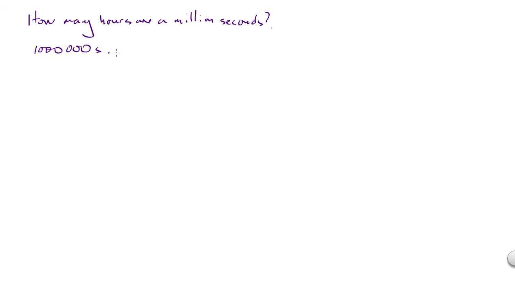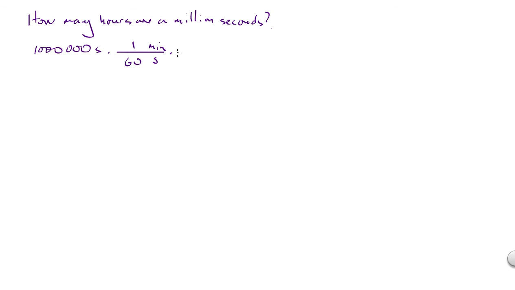But what if you don't? I do know that there are 60 seconds in a minute, and I need to convert seconds to minutes. If I convert seconds to minutes, I would multiply by minutes over seconds, right? Because our seconds would cancel. And I know that there are 60 seconds per 1 minute. Just fill in the numbers. But that only converts to minutes. I ultimately want to get hours over here when I'm done.